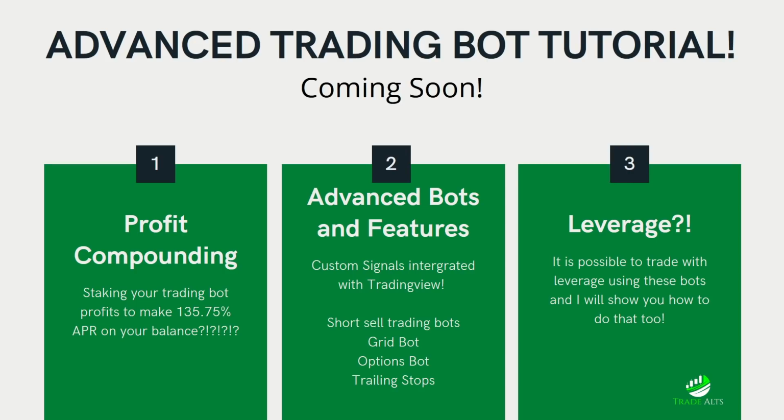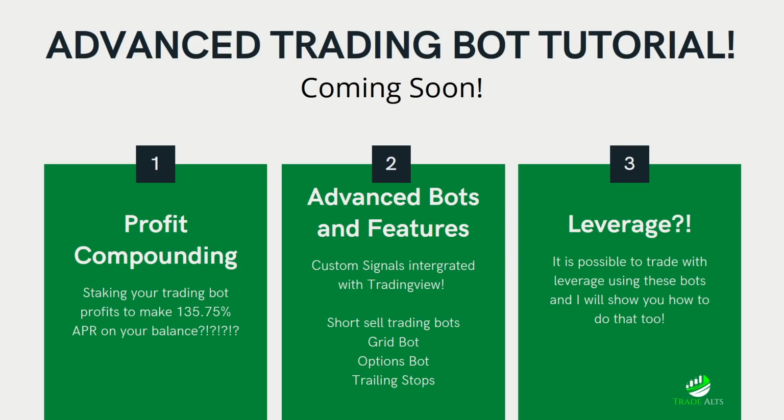I will teach you how to create a custom signal on TradingView so that 3Commas can trade off of those signals that you create. It's phenomenal. I'm going to teach you how to create short sell trading bots, grid bots, option bots, and I'm going to go over trailing stops, which I didn't do because I don't use trailing stops myself for the simple bots that I use, but I will teach you how to use that.